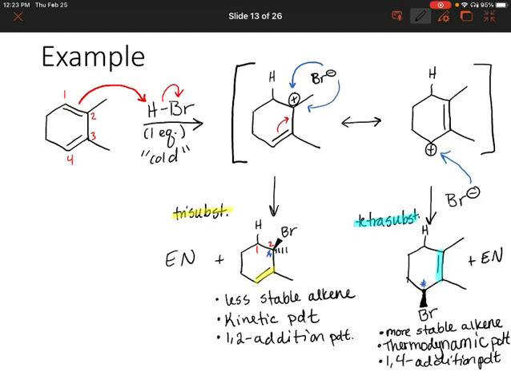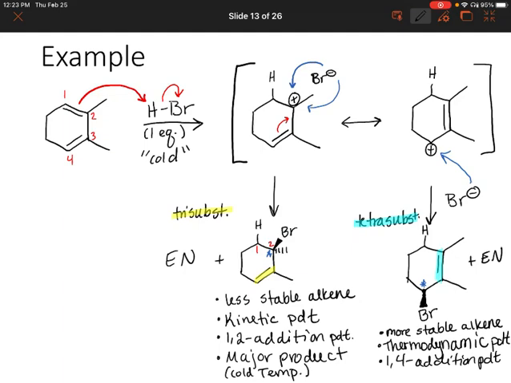So which product is favored at cold temperatures? The kinetic or the thermodynamic product? The kinetic product. So this would be the major product because we were at cold temperatures.